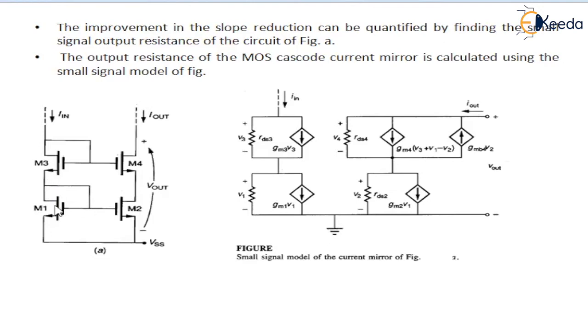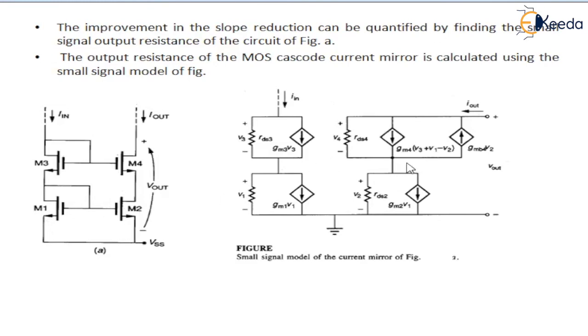In both the cases of M1 and M3, drain and gate are connected, that is VDG is 0, so there is no VDG voltage. For M2, similarly, the resistance is RDS2 and the current is GM2 V1, because the same current flows here also.